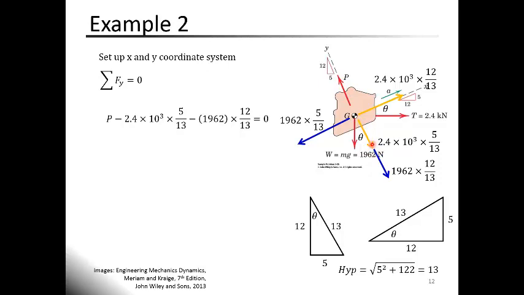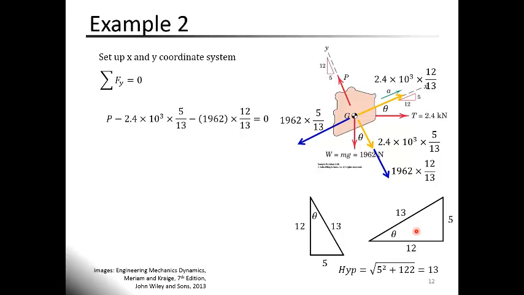The orange component here of the force is coming from the T, which is the tension in the cable. So if we resolve this force T in the y direction, if this is theta, we are getting here a component that is T sine theta. The T value is 2.4 kilonewton, so we need to multiply by 10 to the power 3 to convert it to Newton, and then we need to get the sine theta.